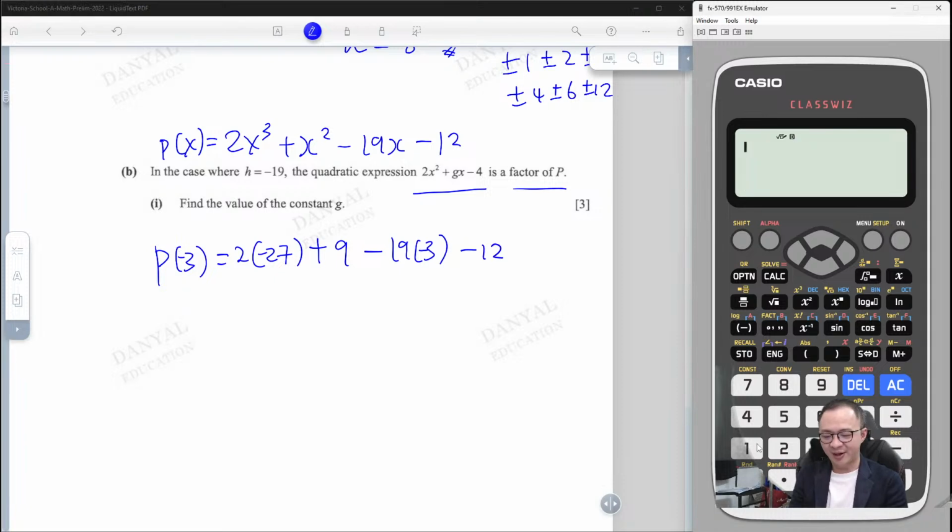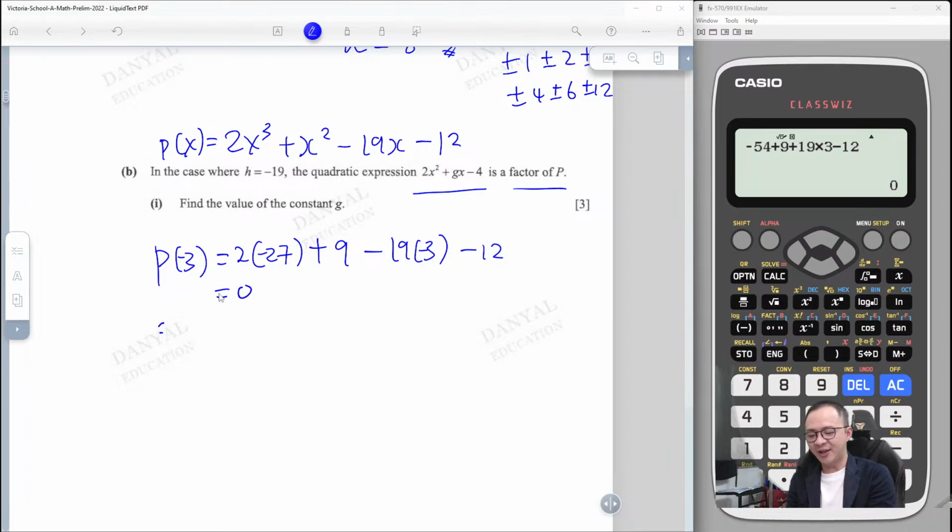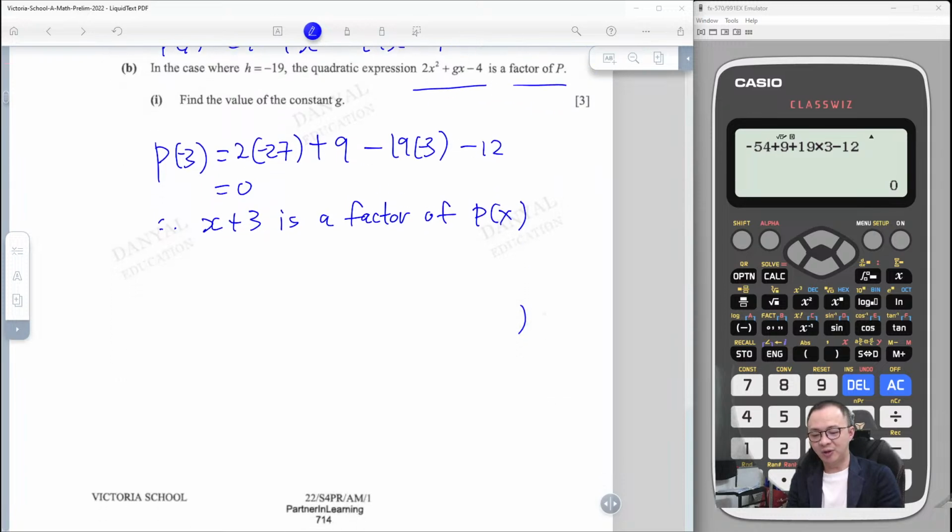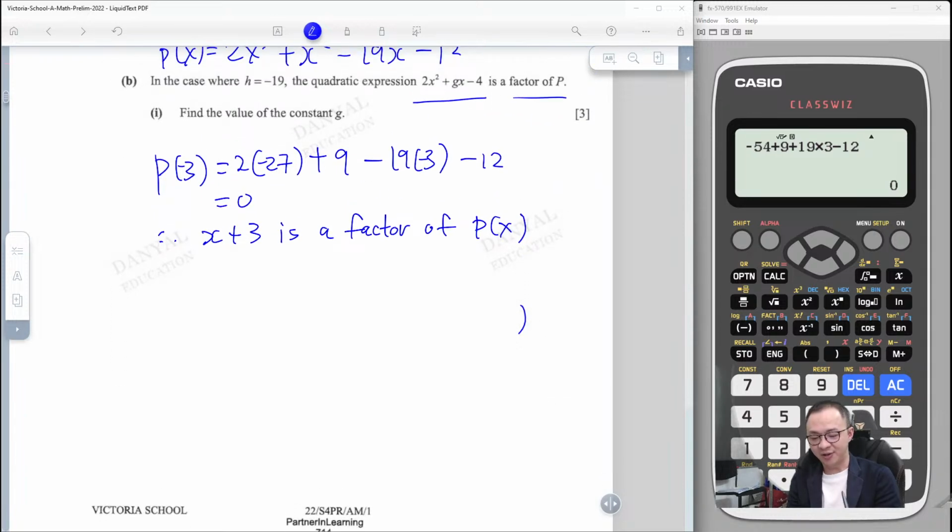Okay, then -54 plus 9, minus become plus, 19 times 3, minus 12. Yeah, I get 0. So if this one gets 0, I say therefore x plus 3 is a factor of P(x).